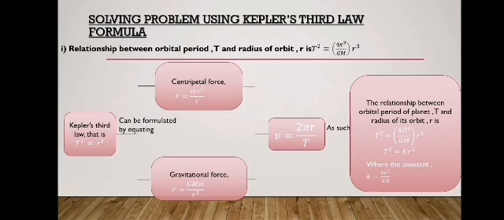As such, the relationship between the orbital period of the planet T and the radius of its orbit R is T squared equals 4 pi squared R cubed over GM. So T squared equals K R cubed, where the constant K equals 4 pi squared over GM.